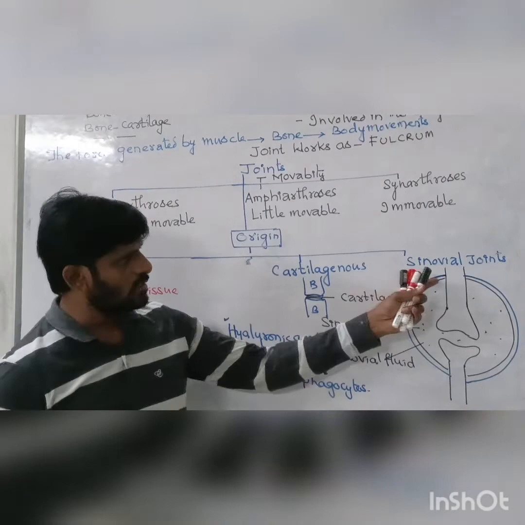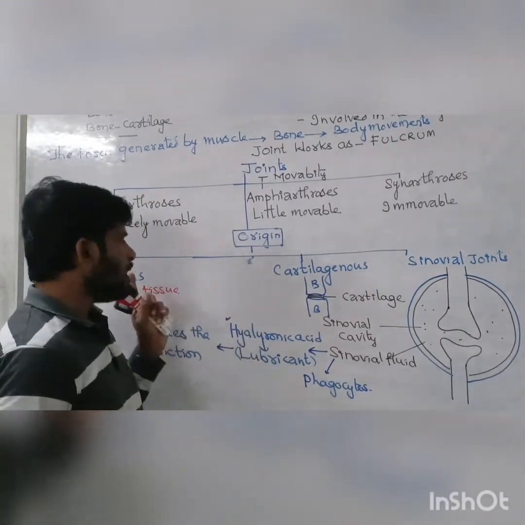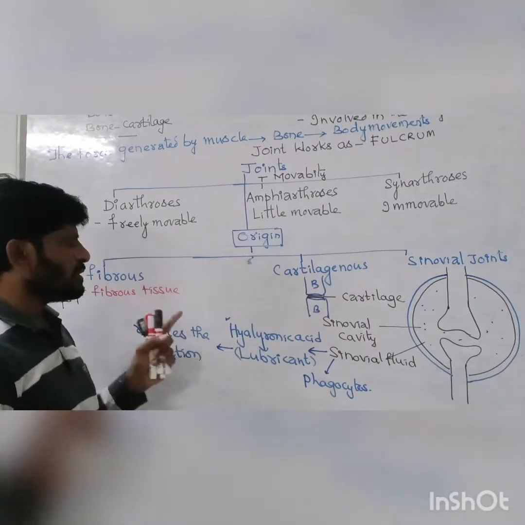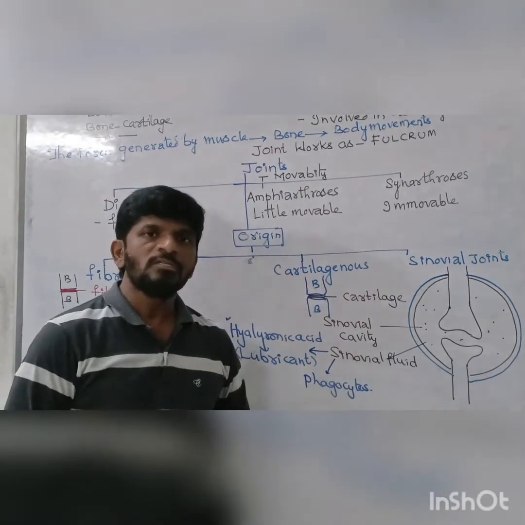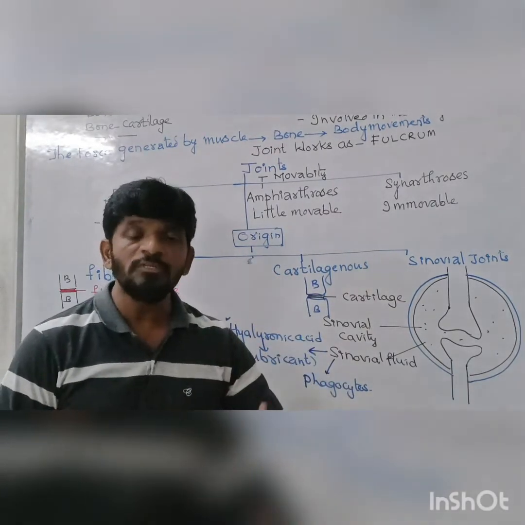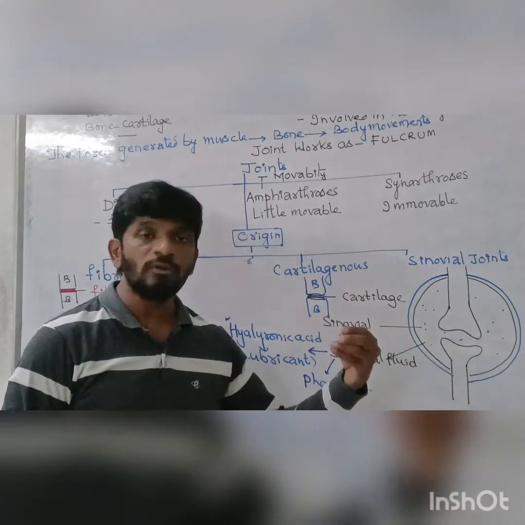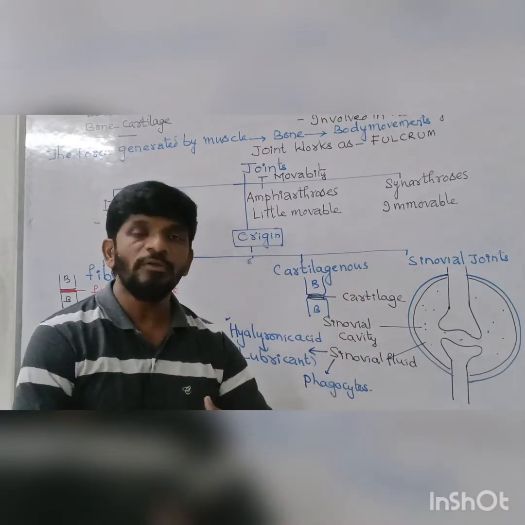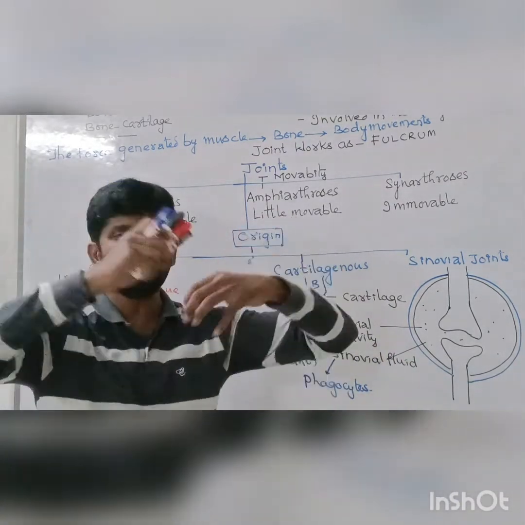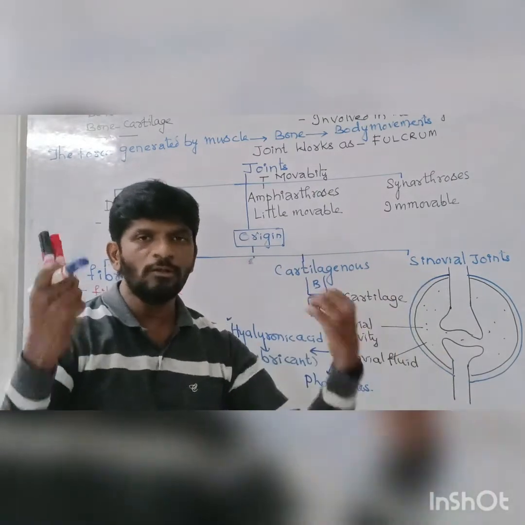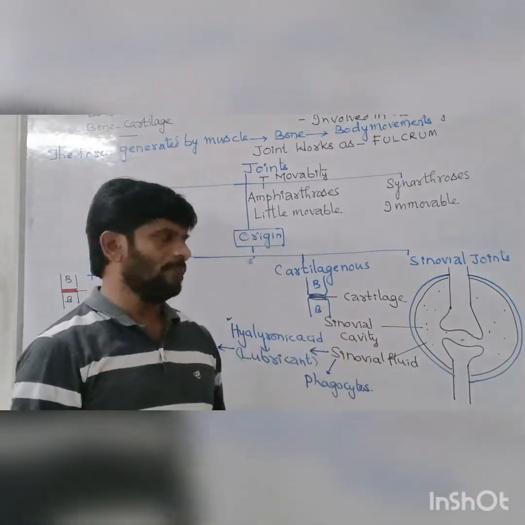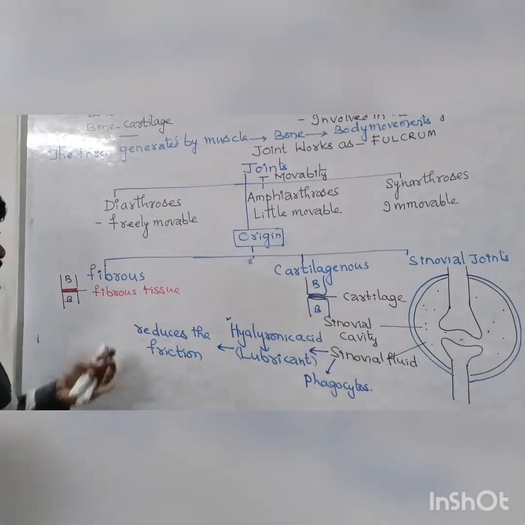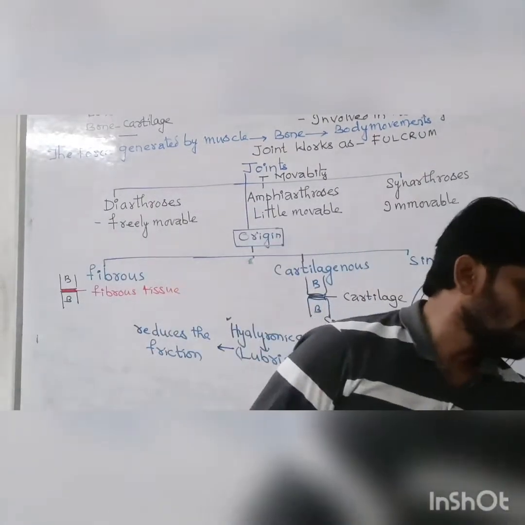This is all about the synovial joint. Amongst the three types of joints, fibrous, cartilaginous and synovial, synovial joints are the only joints which contain the synovial cavity and synovial fluid, and the synovial fluid helps the free movement of a joint.